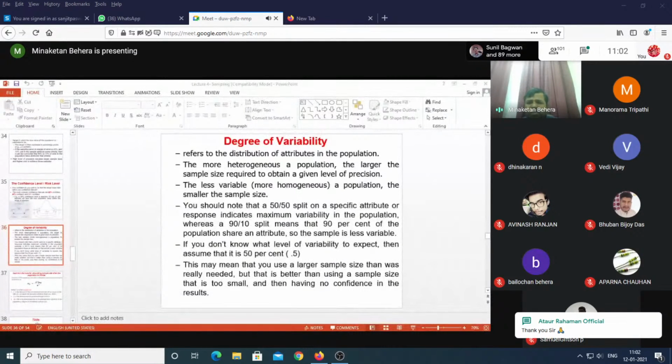Generally, remember one thing: many students do not know what type of sampling they are applying for their research.